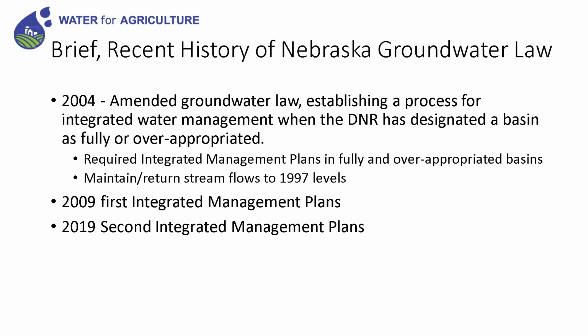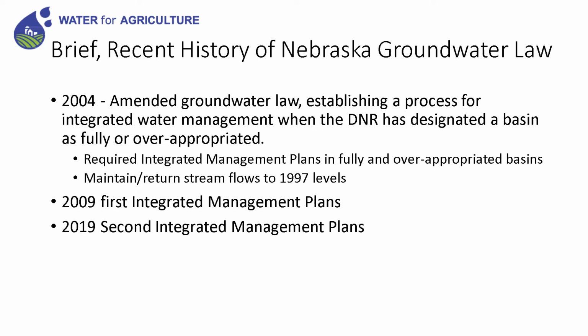With regard to a brief history of groundwater law as it applies to this project, in 2004, the Nebraska legislature amended groundwater law in Nebraska, establishing a process for integrated water management when the Department of Natural Resources has designated a basin fully or over appropriated. The Department of Natural Resources conducts annual assessments of stream flow and determines whether a basin is fully or over appropriated.